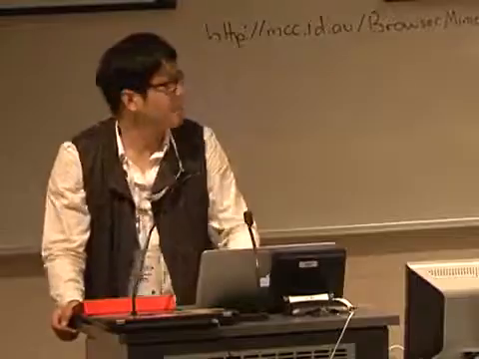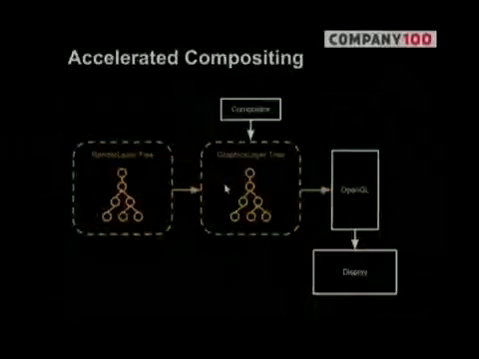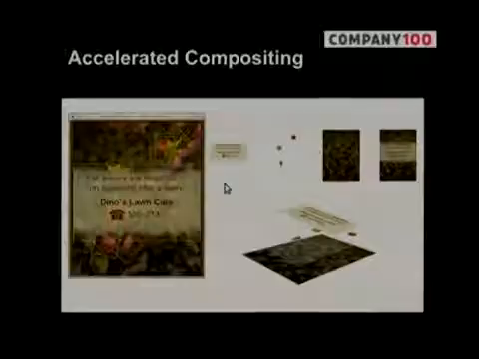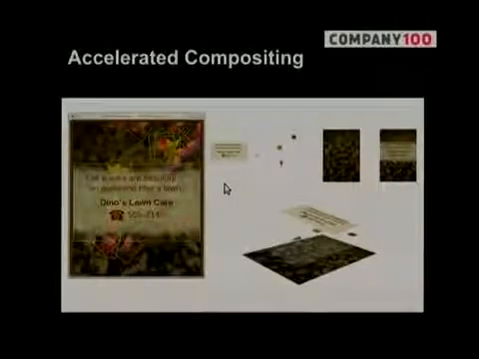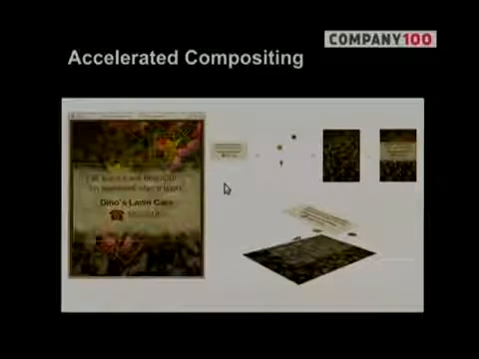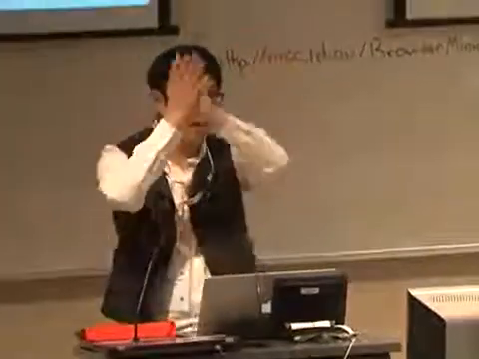Let's see this example. It shows how to composite each layer in the accelerated compositing case. There are content layers, live layers, and a background layer, and the GPU can composite these layers onto the screen. This technique is called accelerated compositing.